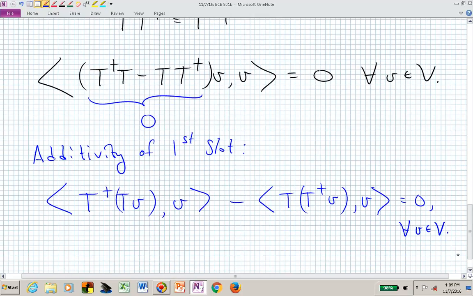I really haven't done anything except manipulate that initial inner product expression. I've just broken it into two different inner products.